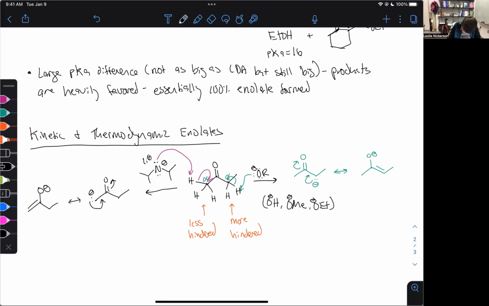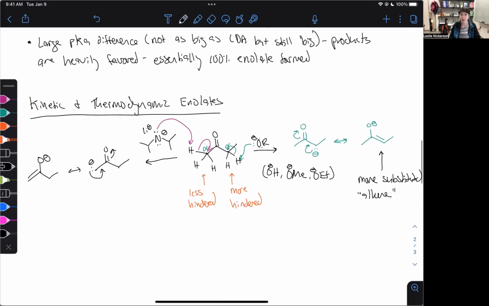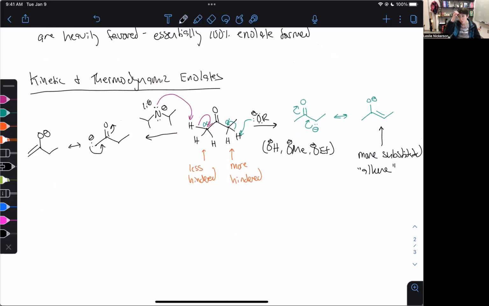Right here, this alkene that we've made is more substituted than the other side. It's not a true alkene, but we're still looking at the same ideas here. This more substituted alkene makes it more stable. So this is our thermodynamic product.